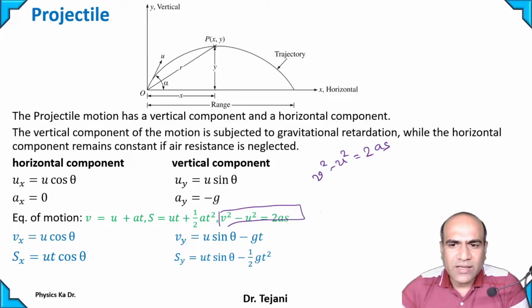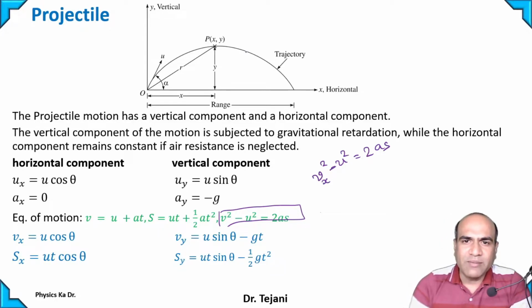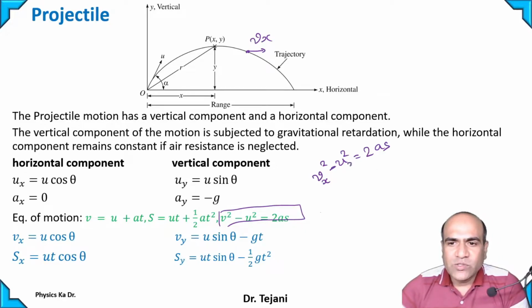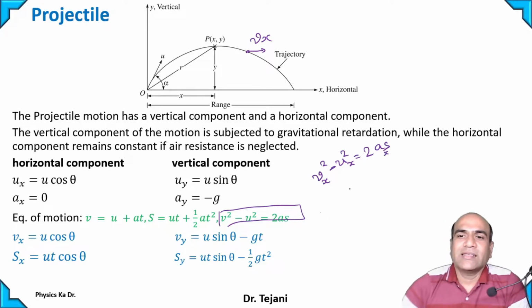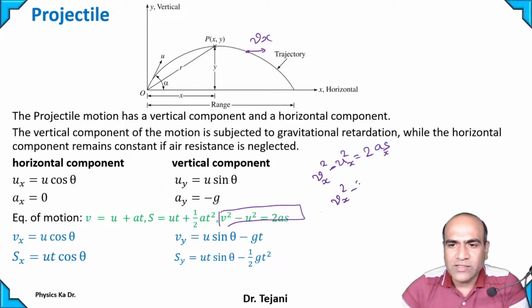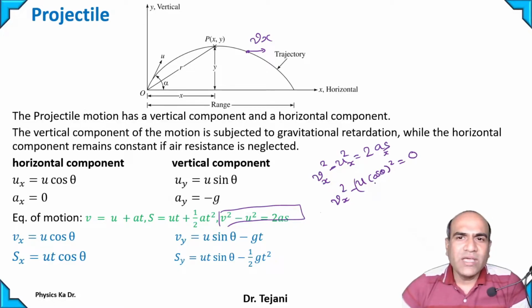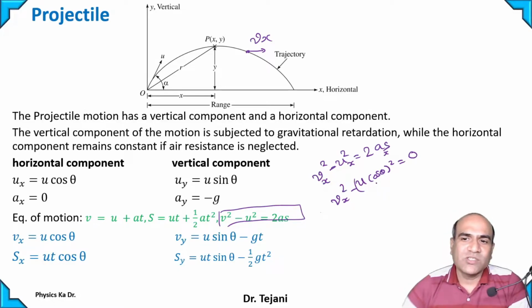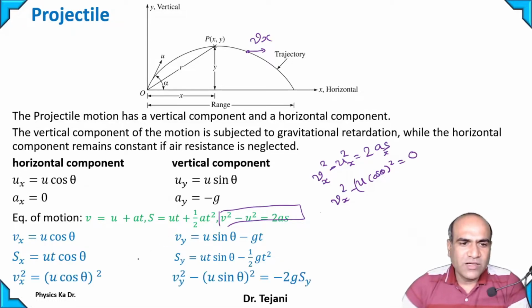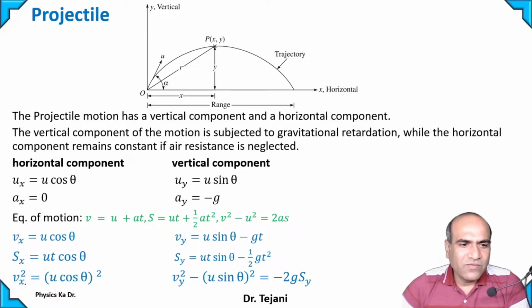If we calculate in the x direction, say at a particular time we want to find Vx, it becomes Vx square minus Ux square. We have Ux = u cos theta, and the acceleration is 0. There is no acceleration; the body moves horizontally at constant velocity. So one thing we got: Vx square equals the horizontal component u cos theta, squared.